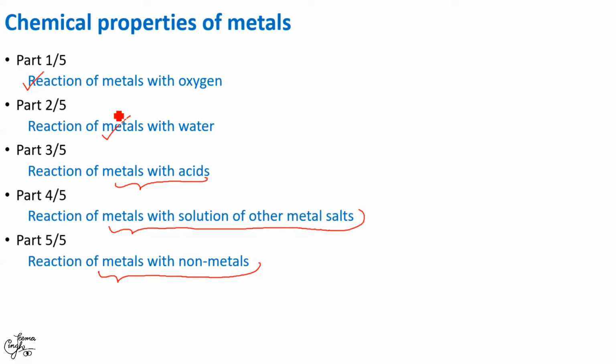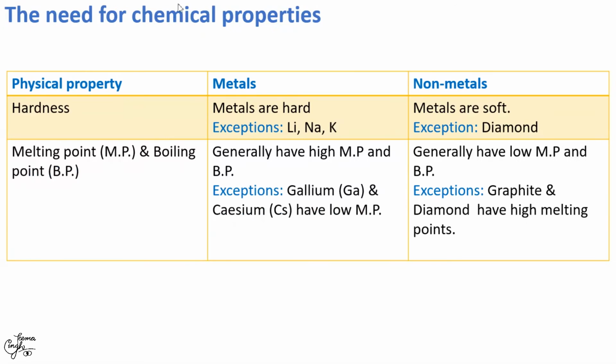Before we begin with the first property, it is very important that we understand the need for studying chemical properties. In our previous videos, we learned that metals and non-metals can be differentiated on the basis of their physical properties. But is that enough or sufficient for discriminating the two? No, because there are quite a few exceptions.